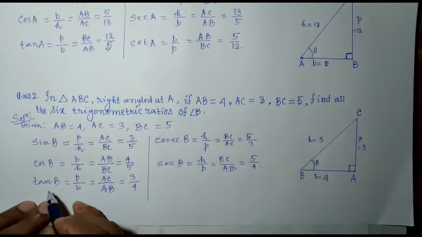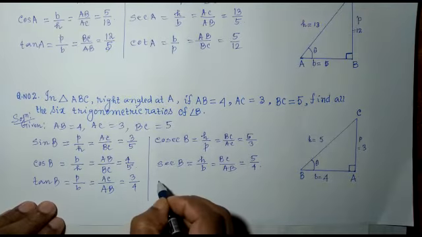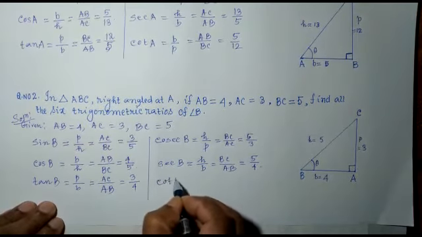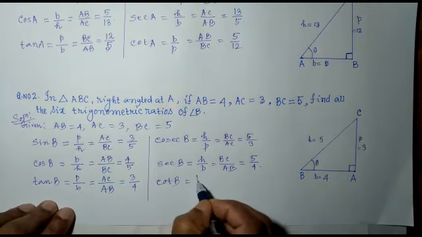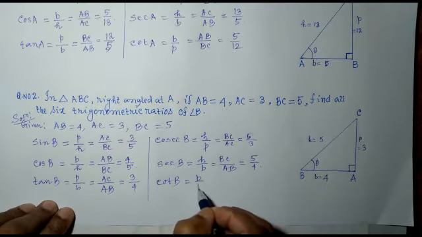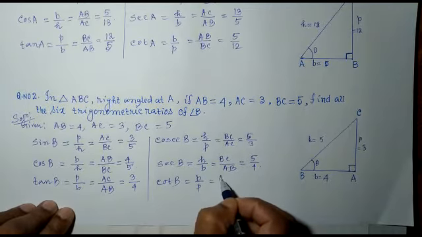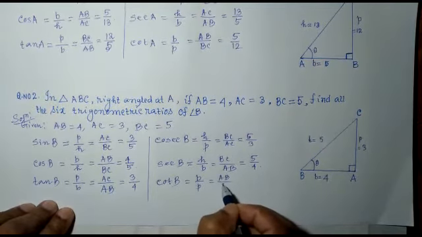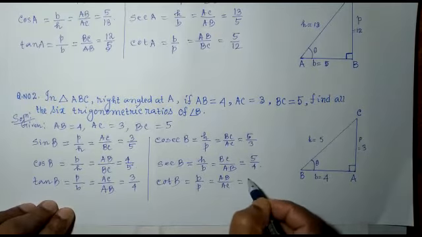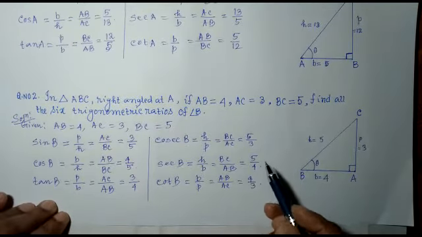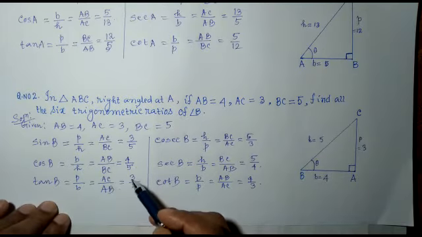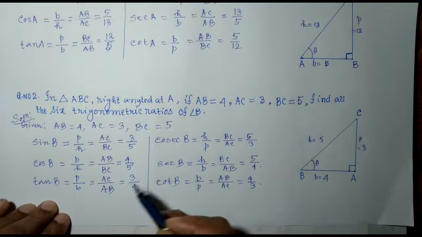And for tan B, its reciprocal is cot B, and the formula, make it opposite. Base is up and perpendicular is down, so AB by AC is equal to 4/3. So these are the values of 6 trigonometric ratios with reference to the angle B.